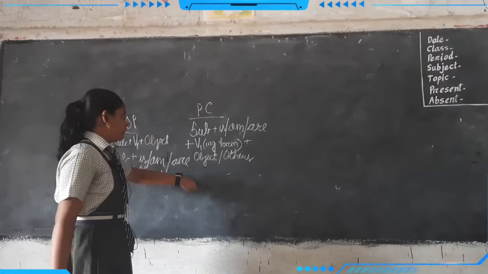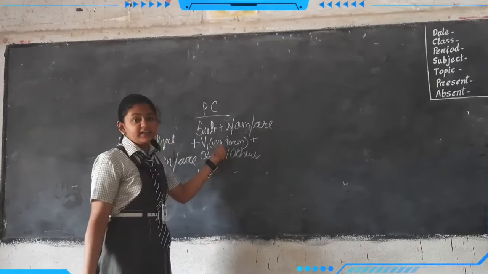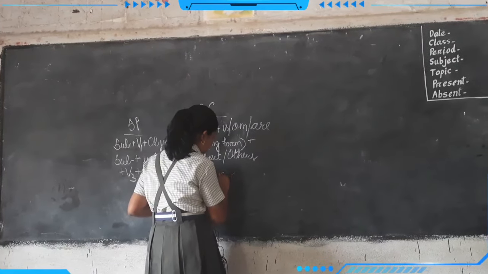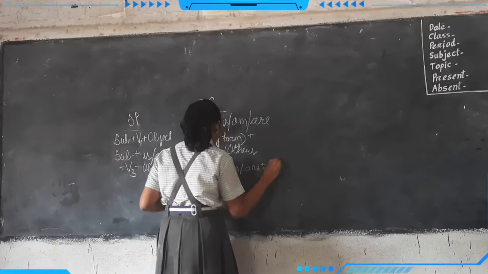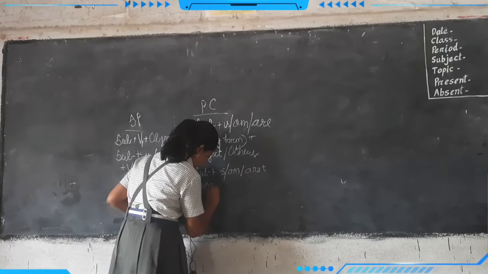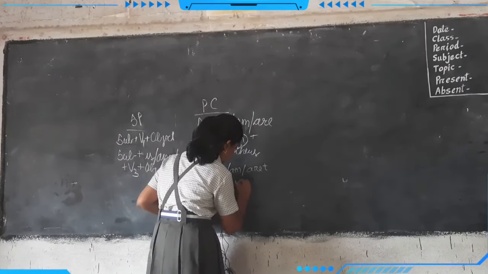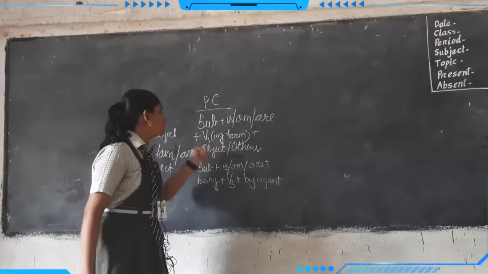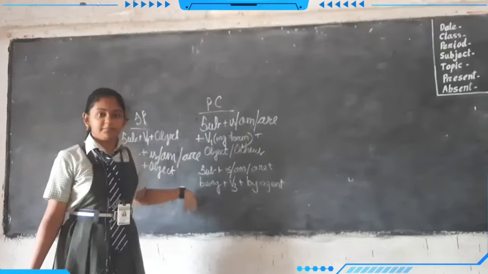In the passive voice, the structure is subject, which was the object in the active voice, plus is, am, are, plus being, plus verb 3, by agent. For example, I am playing football, and here it becomes football is being played by me.